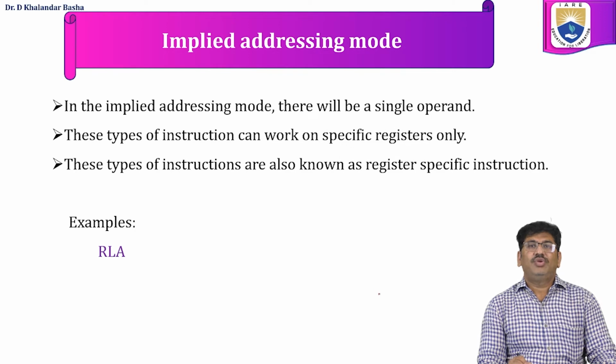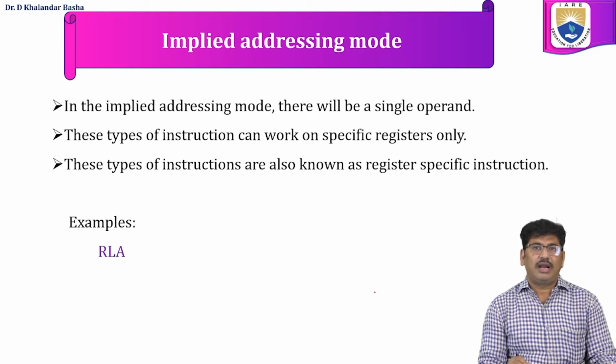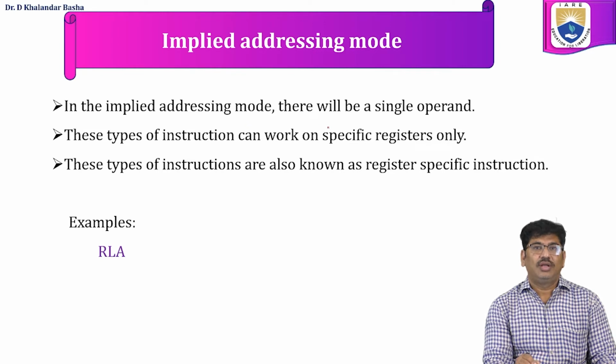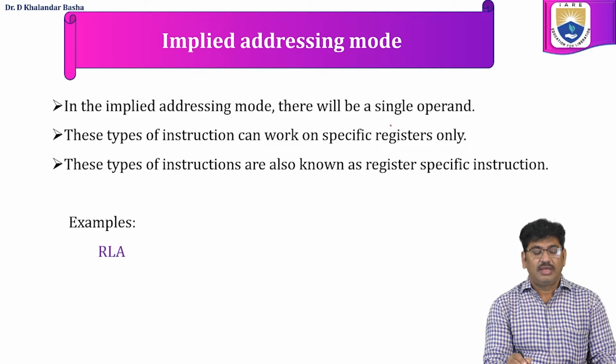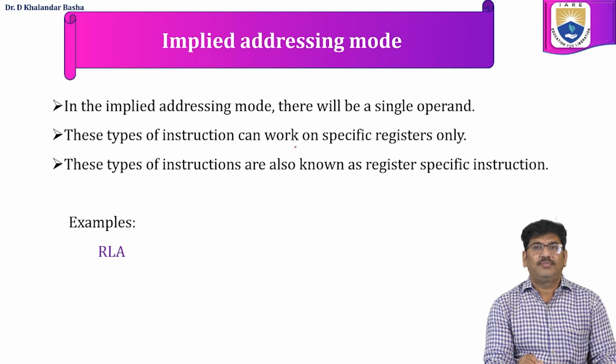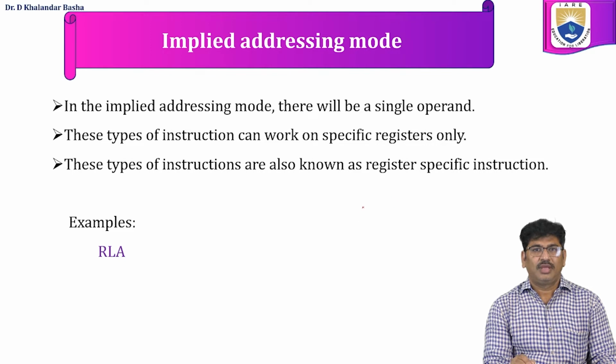The last addressing mode is the implied addressing mode. In the implied addressing mode, there is no explicit operand; these are zero operand instructions. These types of instructions can work on specific registers only, and are also known as register specific instructions.